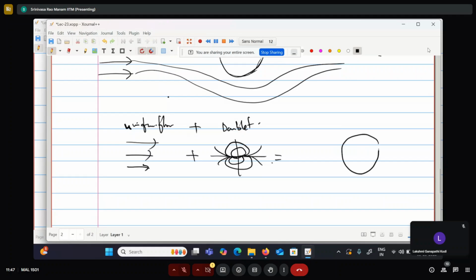Inside this circular cylinder, this is the circle. Inside the circle, you actually have the doublet, but everything is confined only to this circle. And then whatever is here, this goes like this.